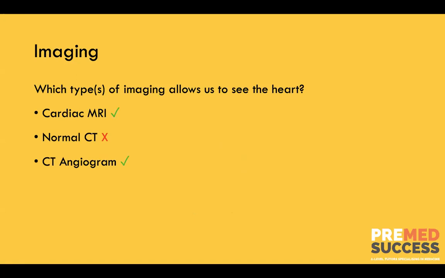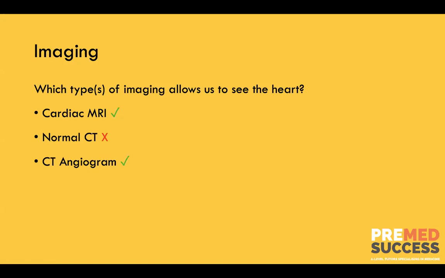And the CT angiogram, effectively, you give a contrast medium. It's iodine normally. Iodine is quite heavy as an element, so it retains X-rays quite well, much like bone, and it effectively makes the blood show up on an X-ray or on many X-rays.